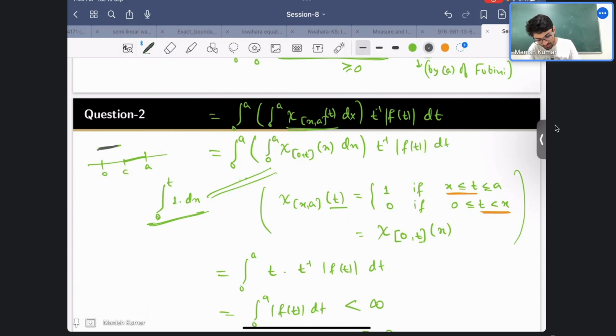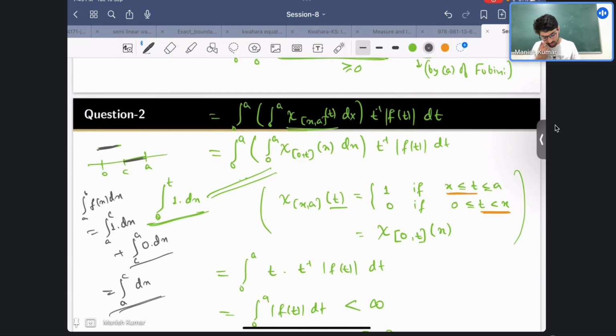What will be the integration of f(x) dx? It will be a to c, the function is taking value 1 dx, plus c to a, the function is taking value 0. So this will be gone, so this will be a to c dx, right? In the same way, it's from 0 to t that will only matter. Did you get it?